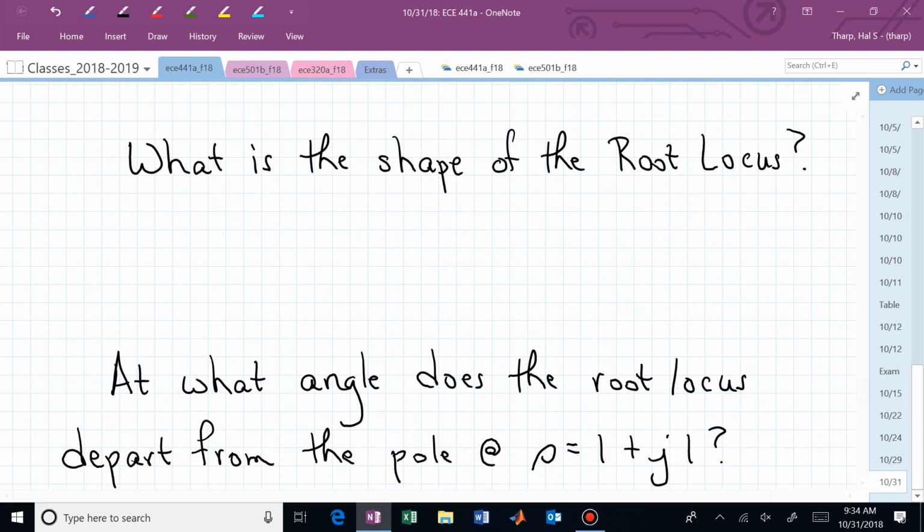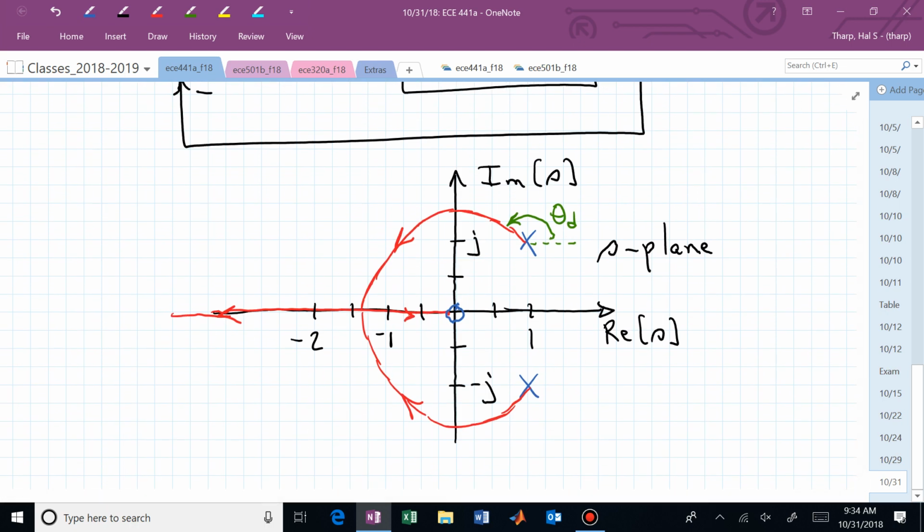What I'm trying to say is that at that point, the net algebraic angle associated with this system should be minus 180 degrees. What's the angle from the zero to that point?